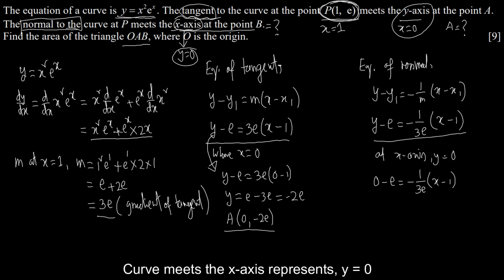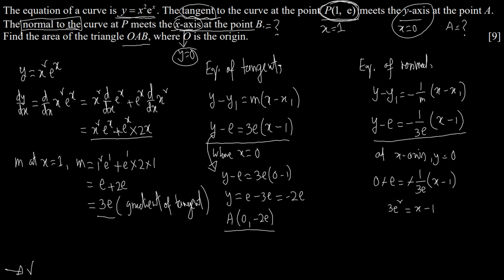Cutting out the two minus signs, we can write 3 squared equals x minus 1. So our value of x is 3 squared plus 1. So the coordinate of B has x value 3 squared plus 1, and y value 0. This is all for this part of the question.